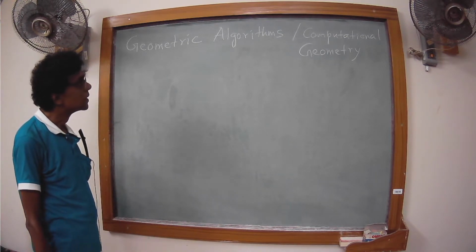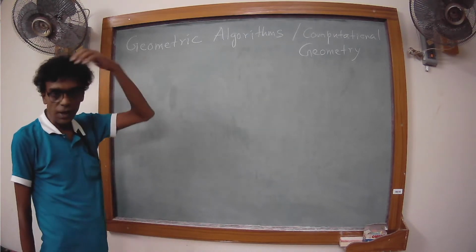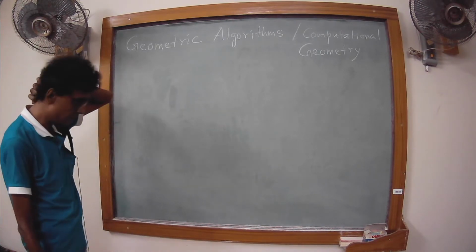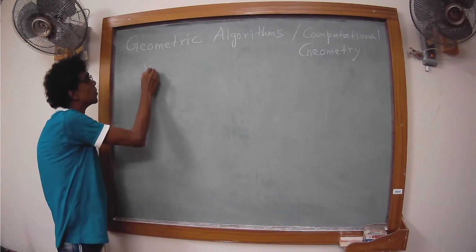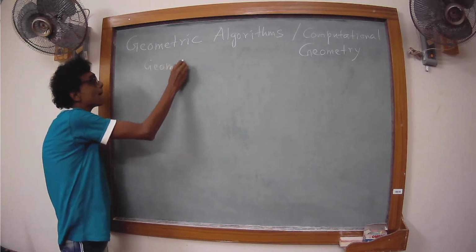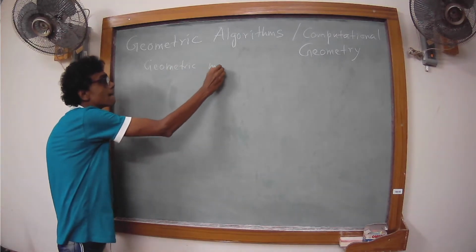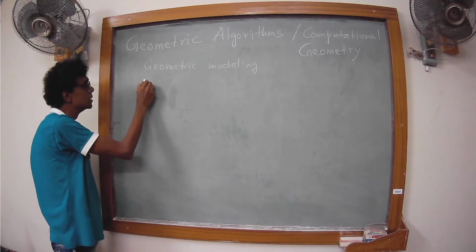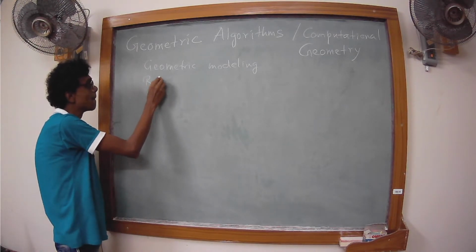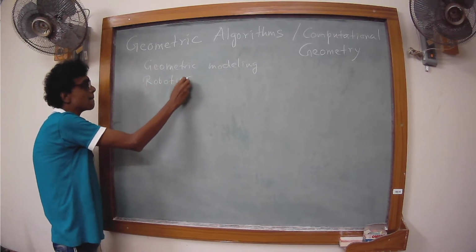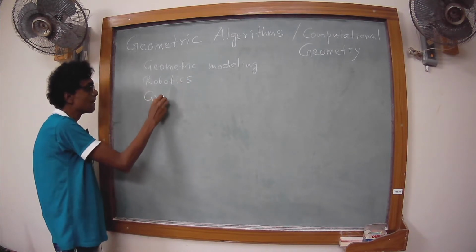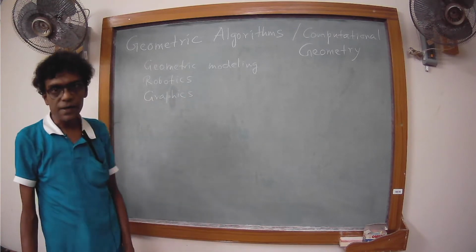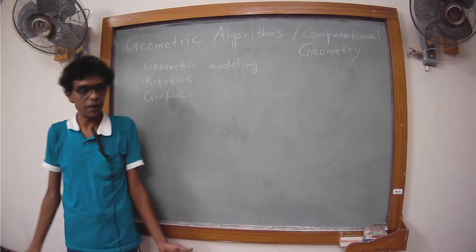And the algorithms that we are going to study will be useful in a variety of applications, including, let's say, geometric modeling, maybe robotics, graphics, and a variety of other unrelated applications, including quantum mechanics.